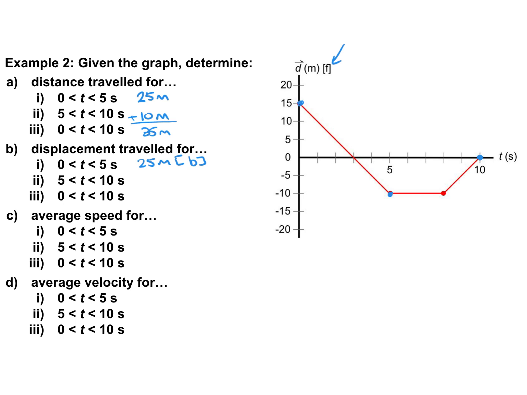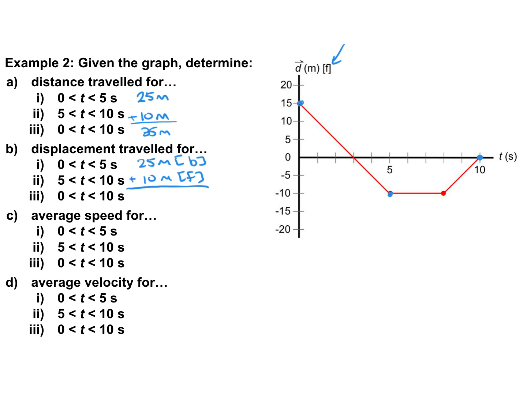So since it went the opposite way from A to B, I'm going to write backwards. And then from 5 to 10 seconds, it went 10 meters, and the direction it went this time is forwards. If you start at -10 and you go up to 0, you're actually going in the positive direction, so you're going forwards. Now the total, from 0 to 10, is the total.